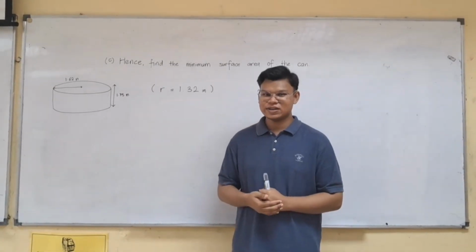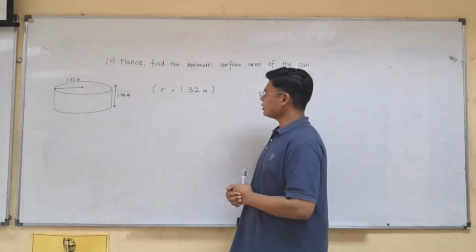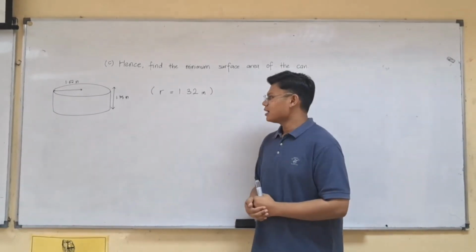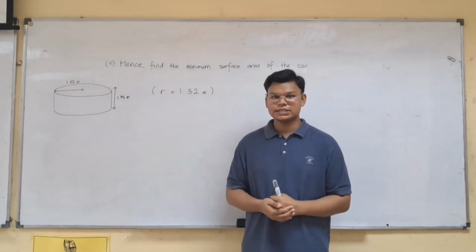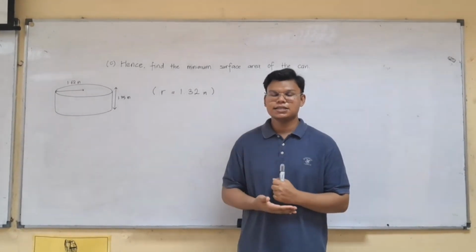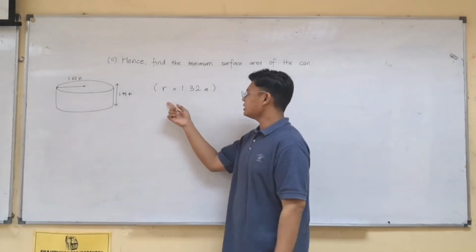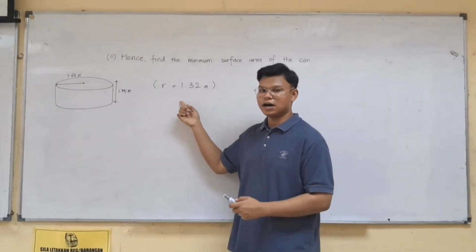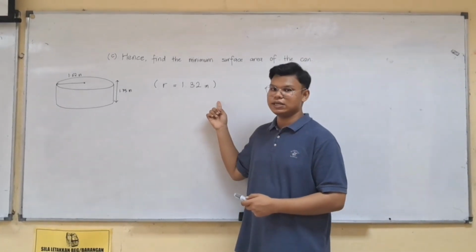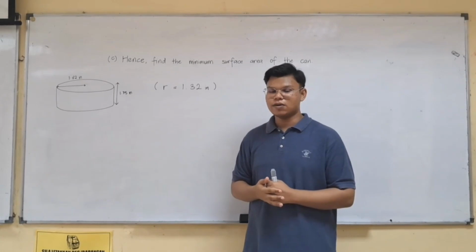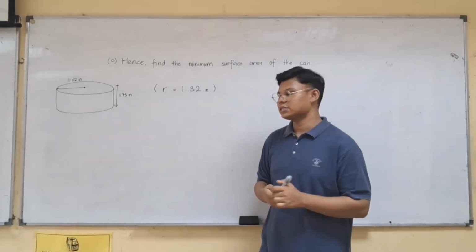Moving on to the last question of this problem. The third question: we need to find the minimum surface area of the can. Given from the first question, we have already obtained the equation for the surface area of the can. Since we have already obtained the value of r, which is equal to 1.32 inches, we just substitute the value of r into the equation.